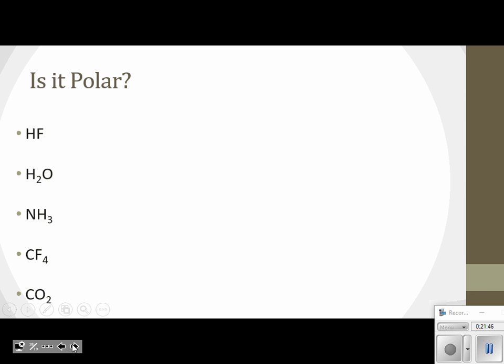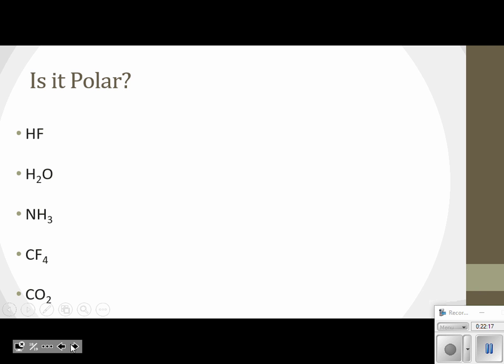I know that fluorine's 3.98 and hydrogen's 2.2. 3.98 minus 2.2 is 1.78. That gives me the gray area, right? Do I have a metal? No, hydrogen's not a metal. It's a gas. So I say, hydrogen fluoride's going to be a polar molecule.